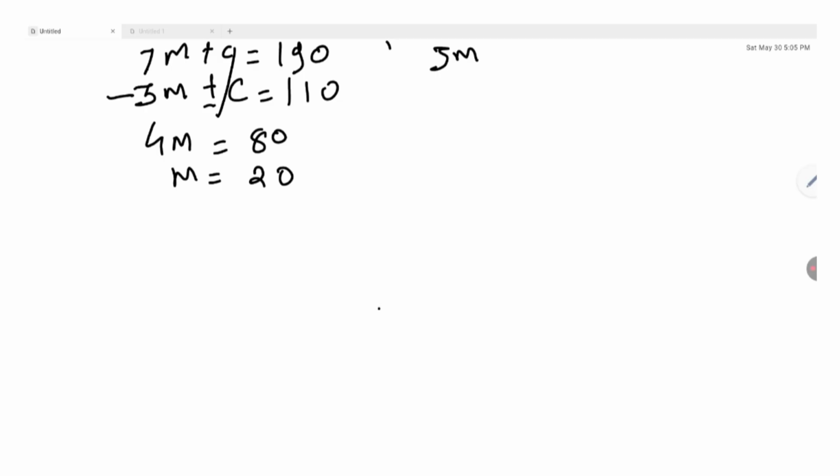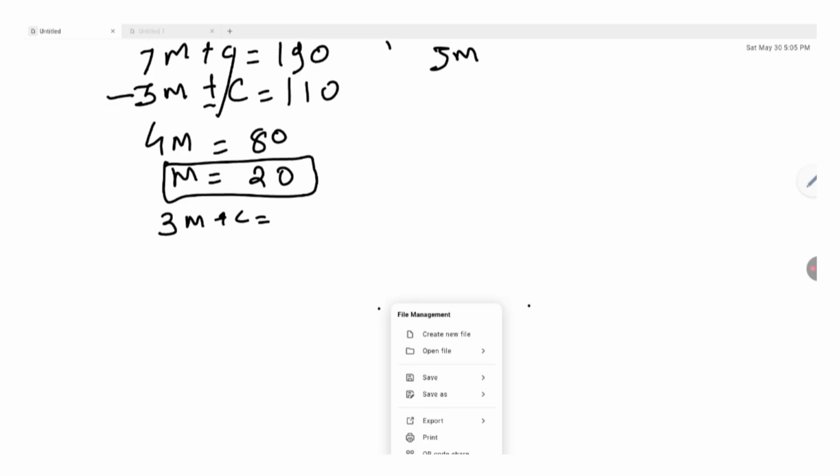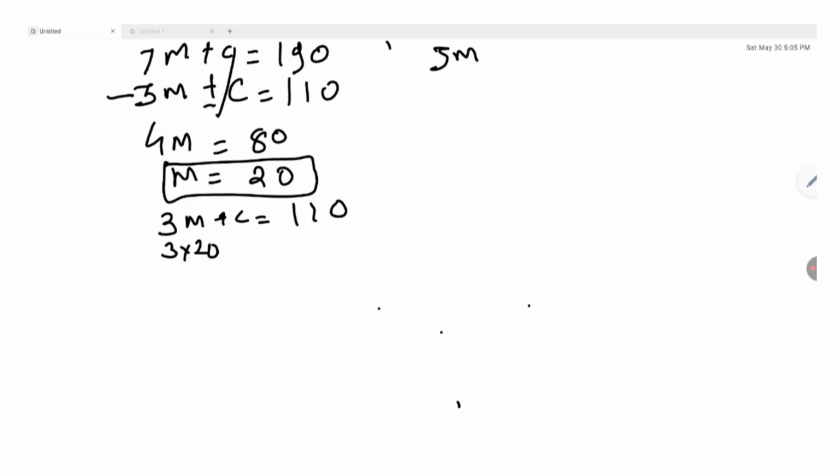And if we put this 20 into the equation 3m plus c equals 110, 3 multiplied by 20 plus c equals 110, and we have 60 plus c equals 110. So c equals 50.